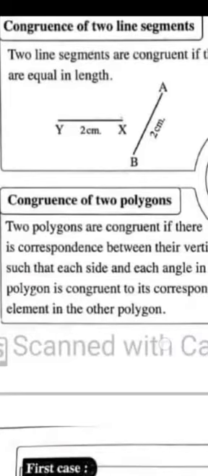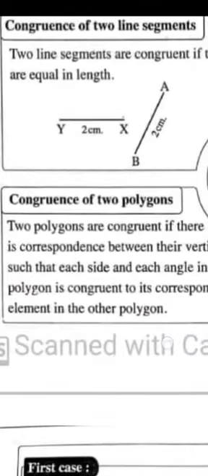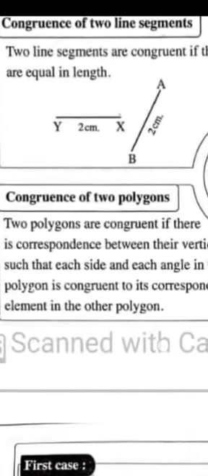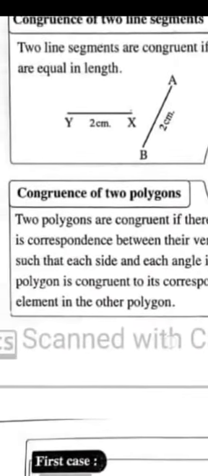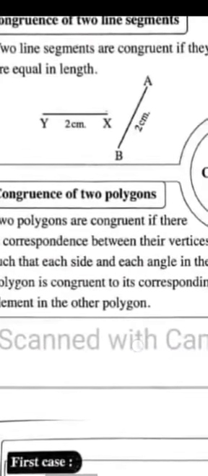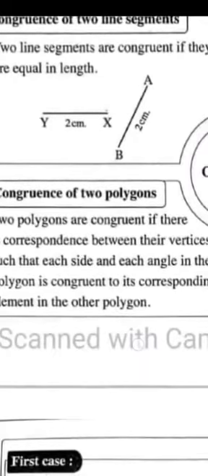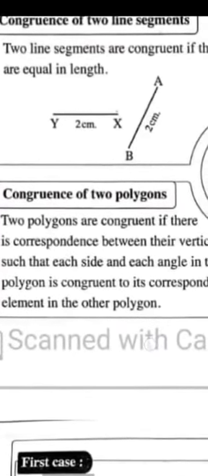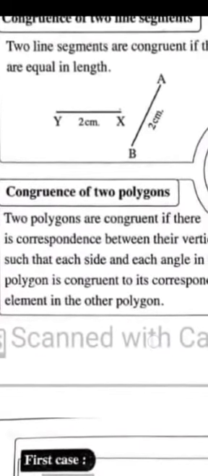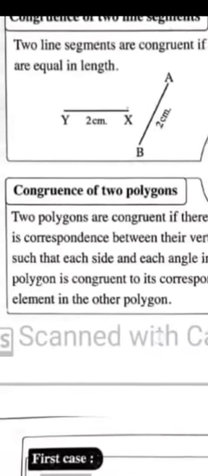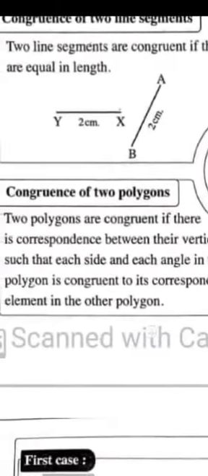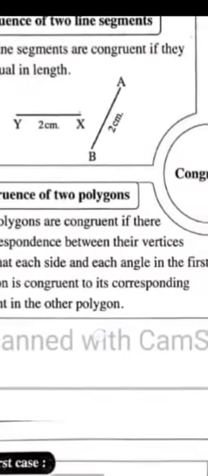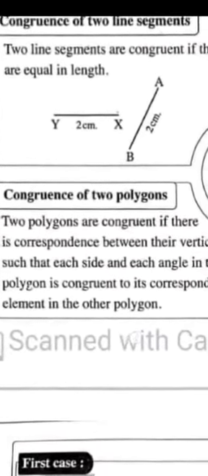If we have two polygons, we can say the two polygons are congruent if there is a correspondence between their vertices such that each side and each angle in the first polygon is congruent to its corresponding element in the other polygon.